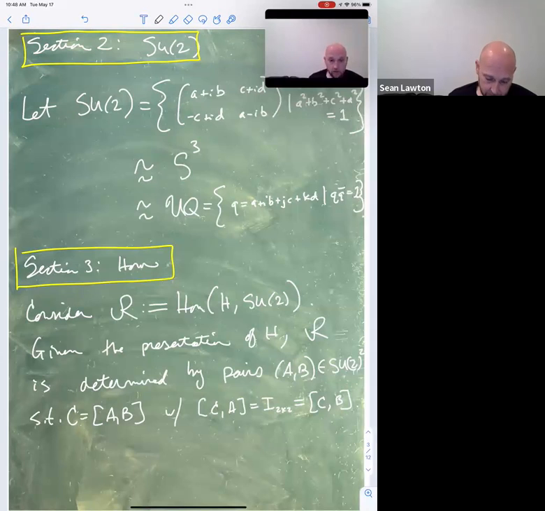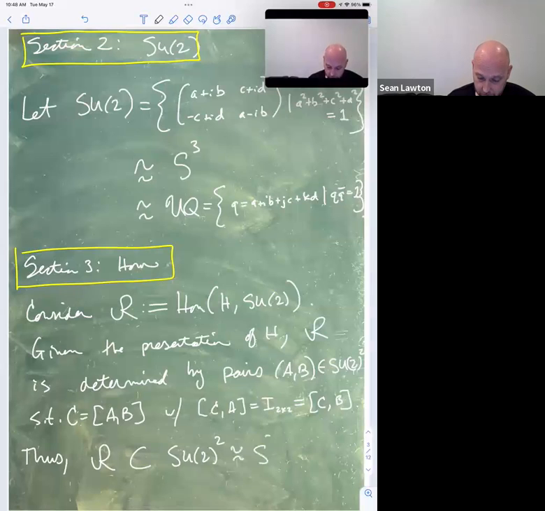So what is the upshot of this? Thus, R can be thought of as a subset of SU(2) to the second power, which is just S^3 cross S^3. And so we can and do give R the subspace topology.